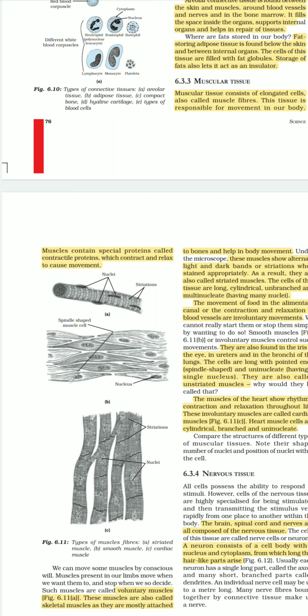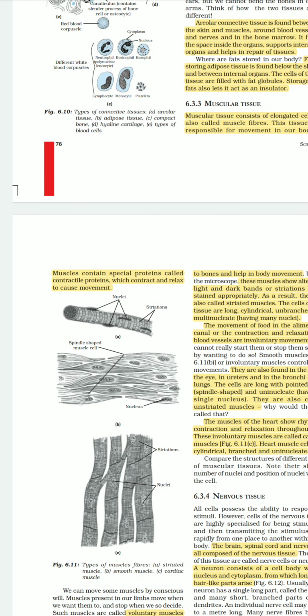Basically it is very important also, as I already said, that muscular tissues are responsible for the movement and locomotion of the body and some internal organs, so they need to contract and relax for that purpose.